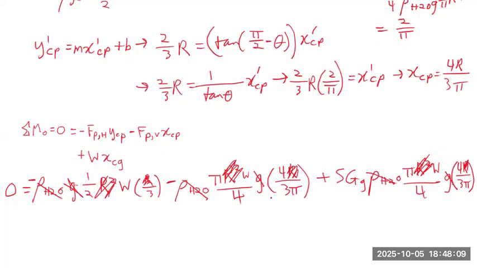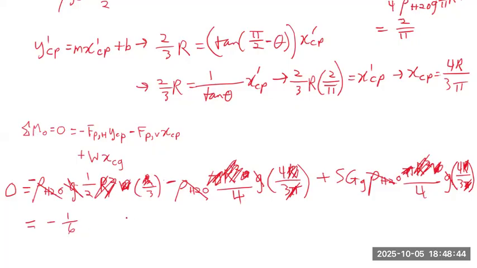The pi's cancel out over here as they do over here. And we all have a weight. So many things cancel out, which is really nice. And we are left with negative 1/2 times 1/3, which is negative 1/6.